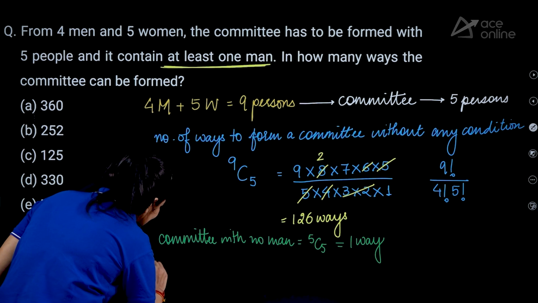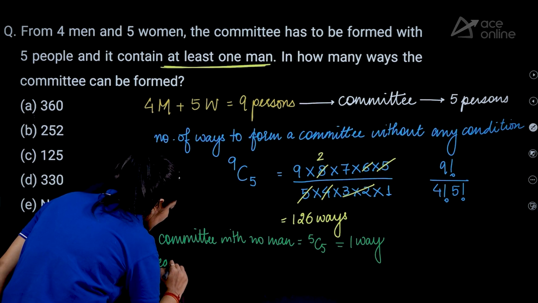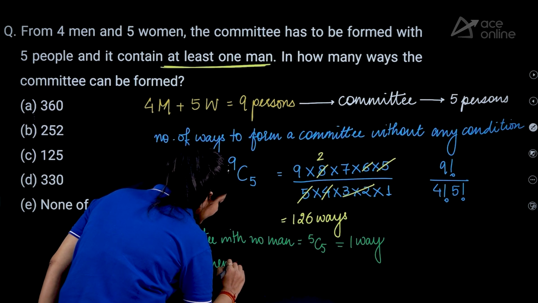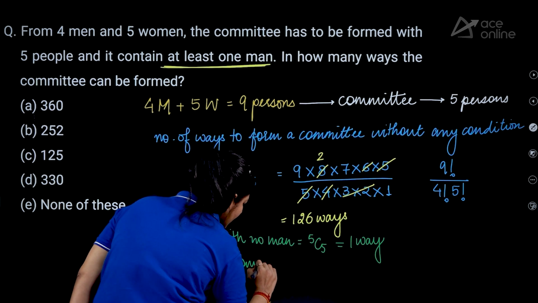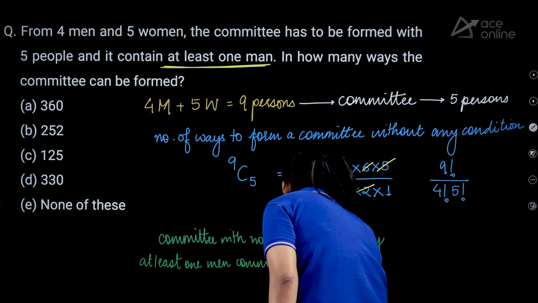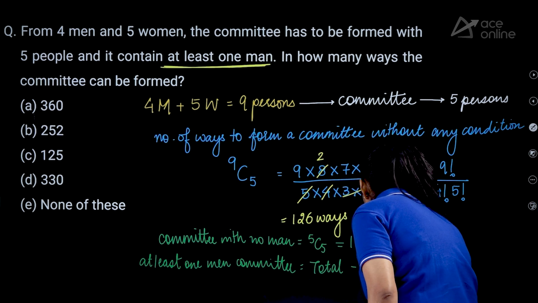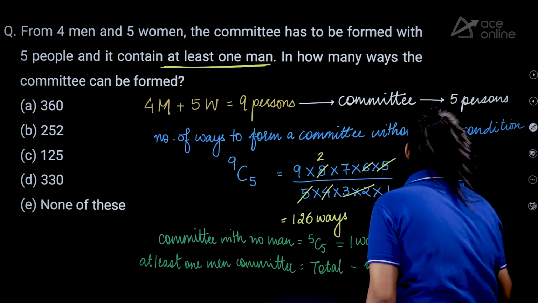So the at least one man committee is equal to the total minus the no man committee, right?